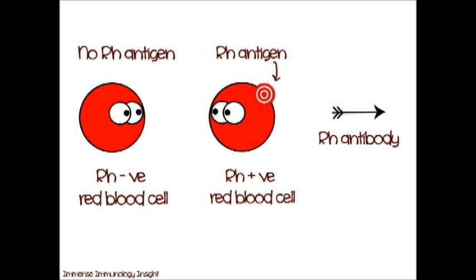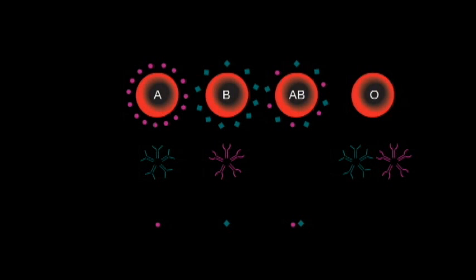And the rarest and purest blood out of the Rh negative blood types is called O negative. Now, this O negative blood type is called the universal blood.